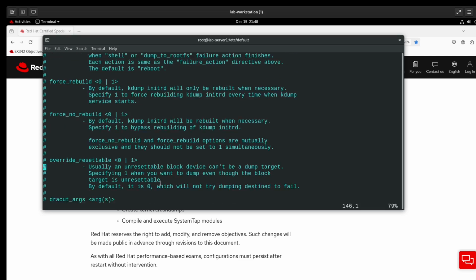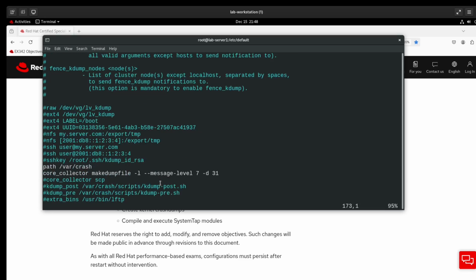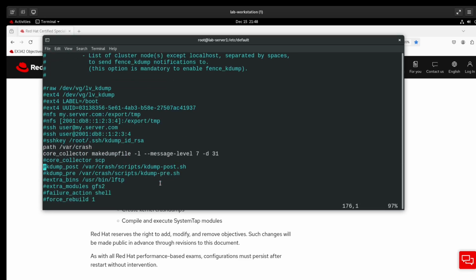But the other one I wanted to mention, you can see here's what's happening by default, is this core_collector scp. I'm not sure if these can coexist. They might be able to, not 100% sure of that. Nor am I sure if we can do makedumpfile and scp. I might experiment with that in this practice session just to see what happens. But if you do scp, you can specify a user and an SSH key.